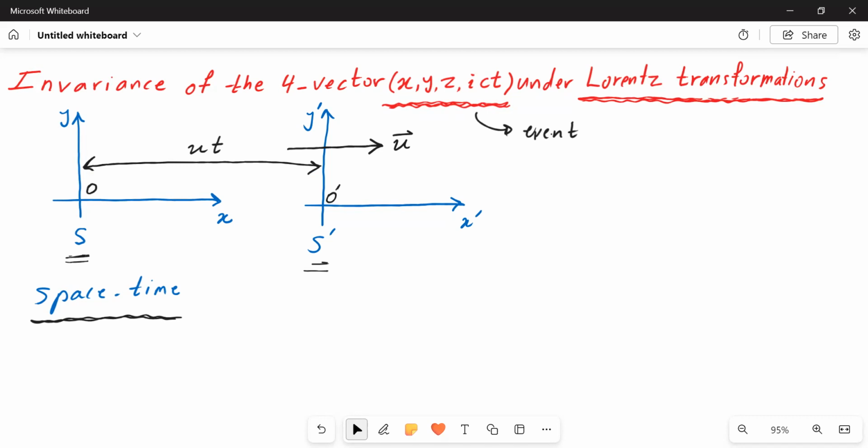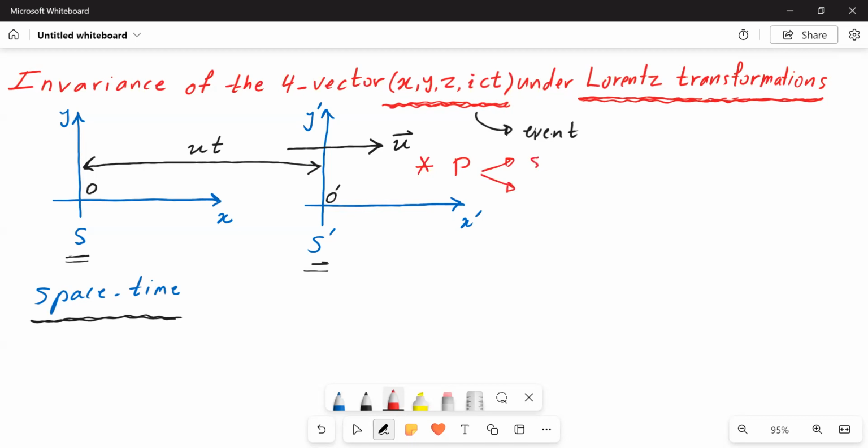Now let's talk about an event that takes place in space-time. Let's say the event, we will show this by this asterisk here. And let us see what the observer in S prime would measure for the coordinates of this event. Let me show that event by P. The observer in S and the observer in S prime both see this event.